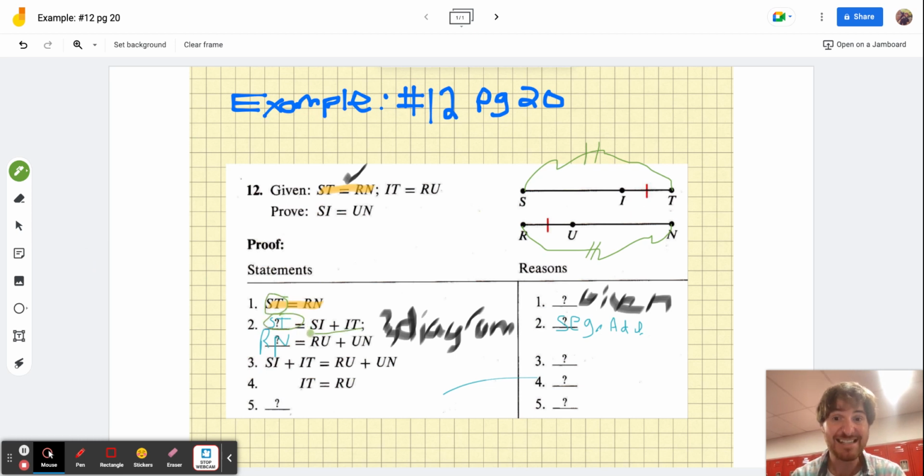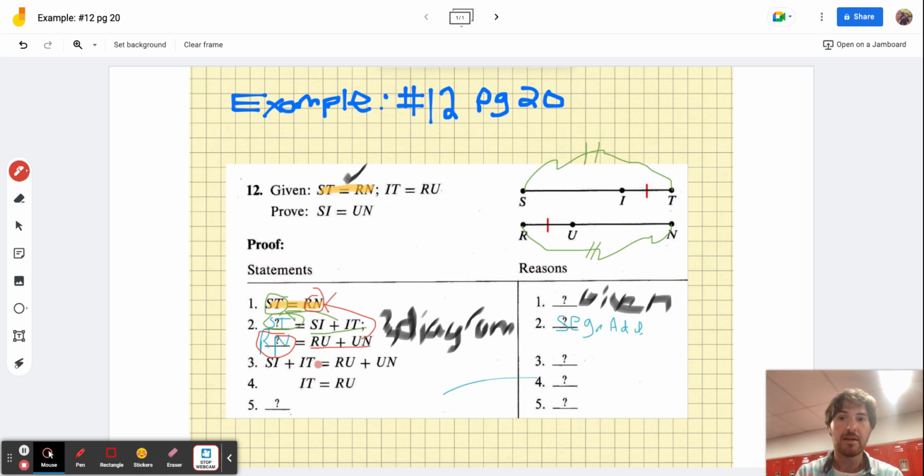ST equals SI plus IT. I can pop it into the left side of that equation. What do I know about RN? The length RN equals length RU plus length UN, so I can pop that into the right side of the equation.